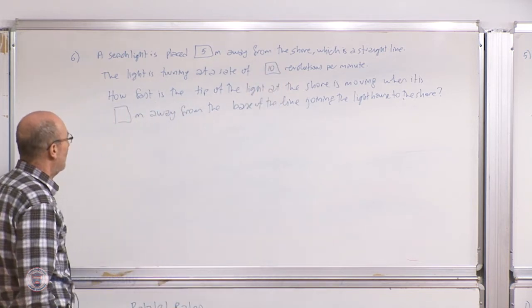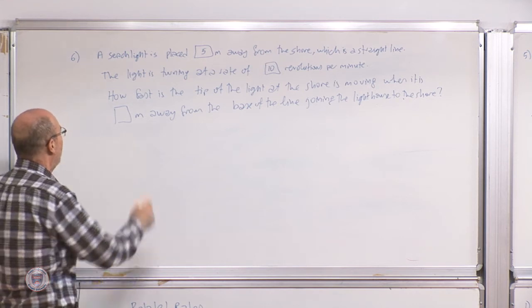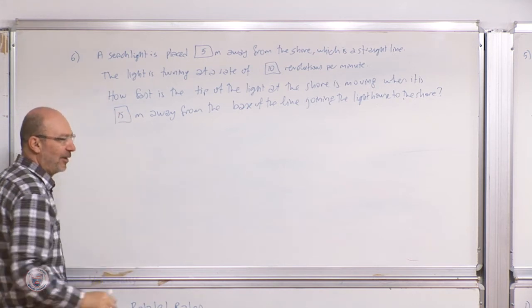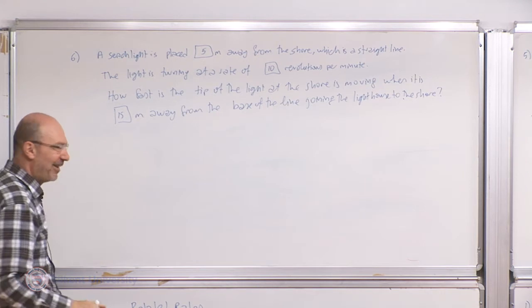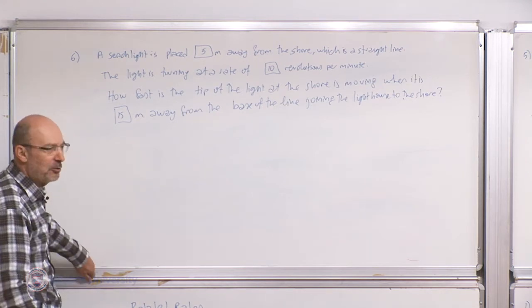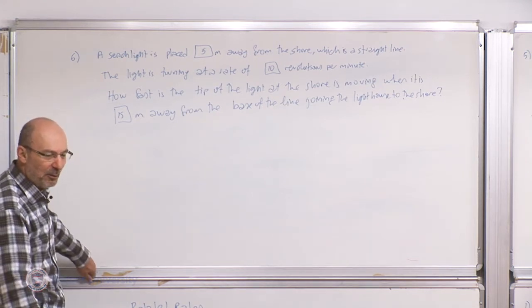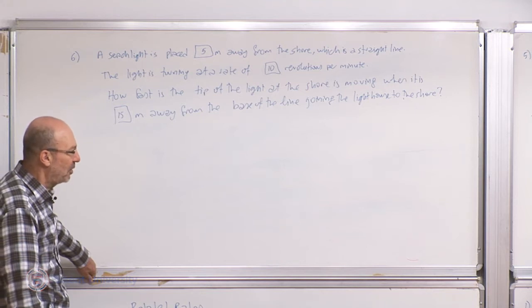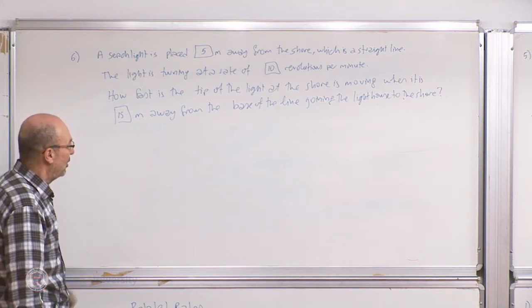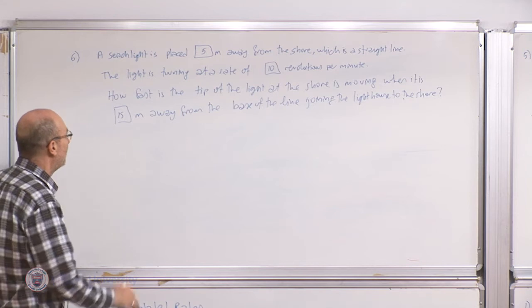Okay. So let's see if this is a related rate or just a derivative problem. I just cooked it up. I don't know if it is related rate because nothing seems to be changing here.